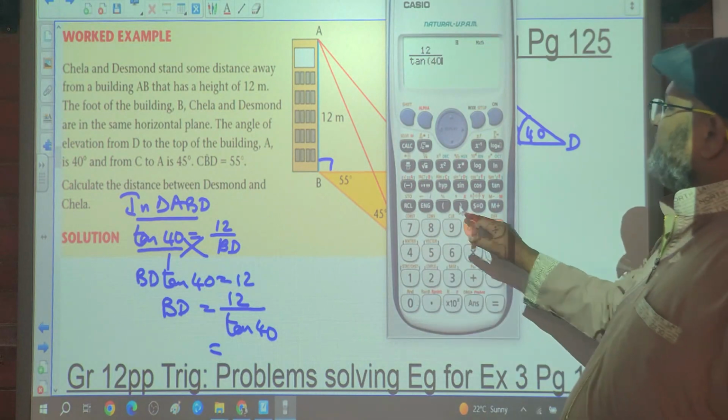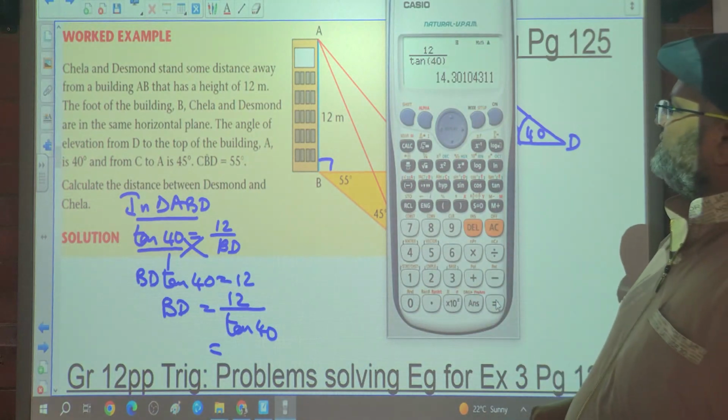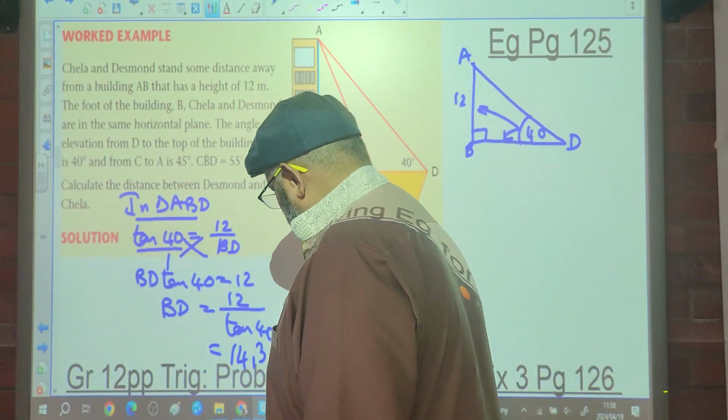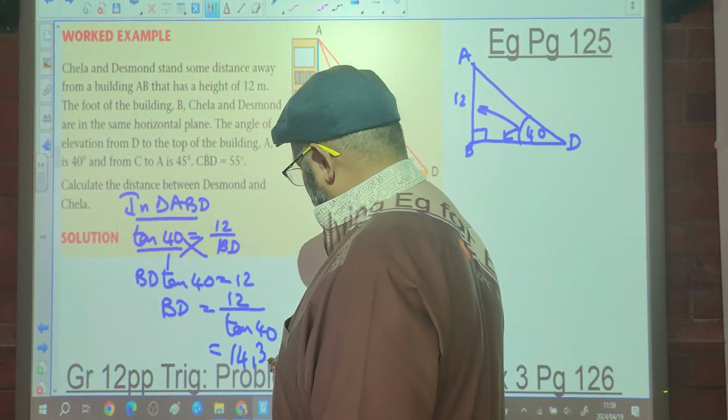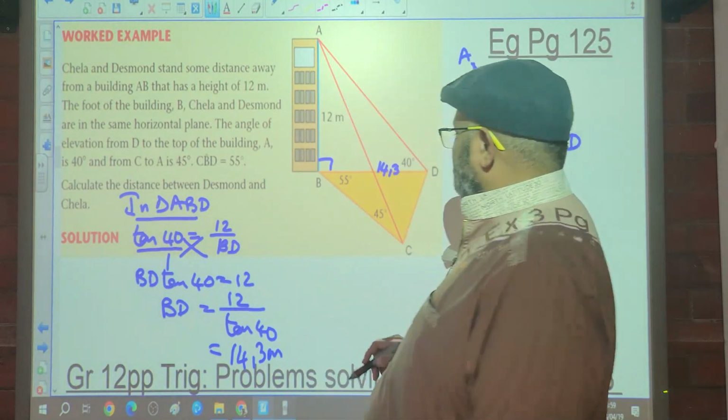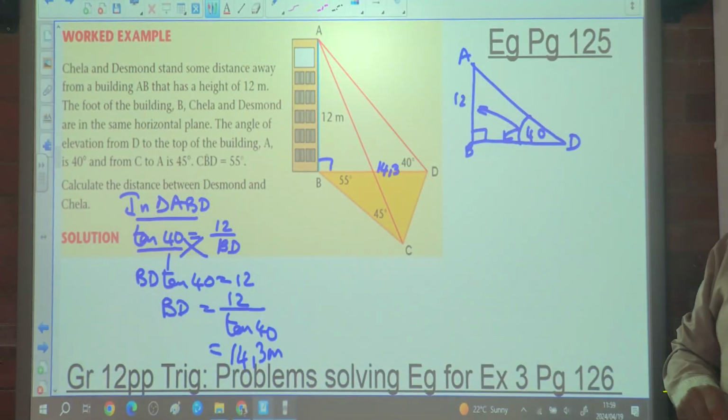And that gives us an answer of 14.3. You guys got that? Yes. Looks like you guys are going to pass now, no? That's going to be 14.3 meters. Okay.